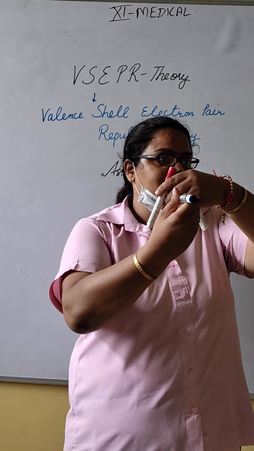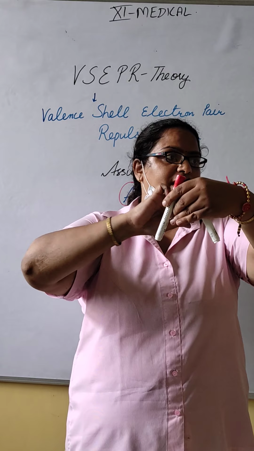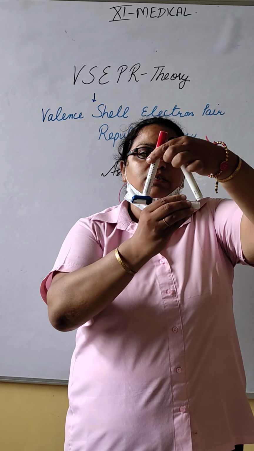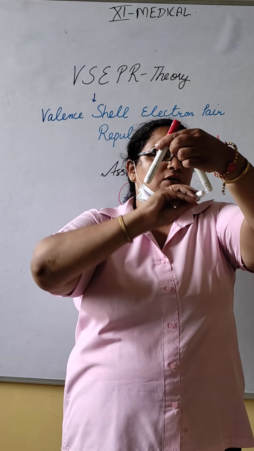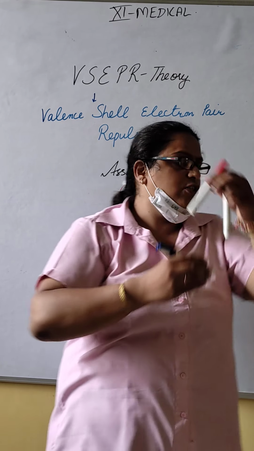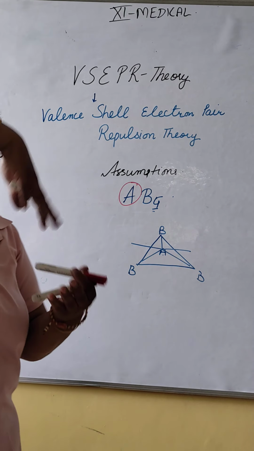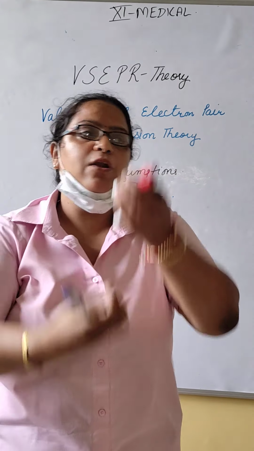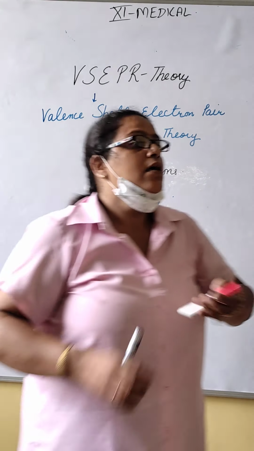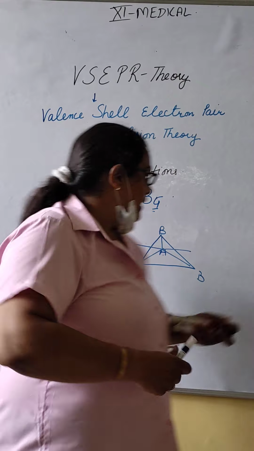One is above this, towards the observer, the second is away from the observer. Central atom, 1, 2, 3. Clear? 3 terminal positions of a triangle. One is above the triangle, one is below the triangle. Clear to everyone?